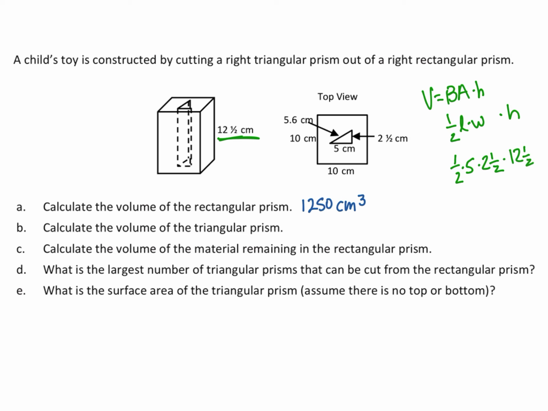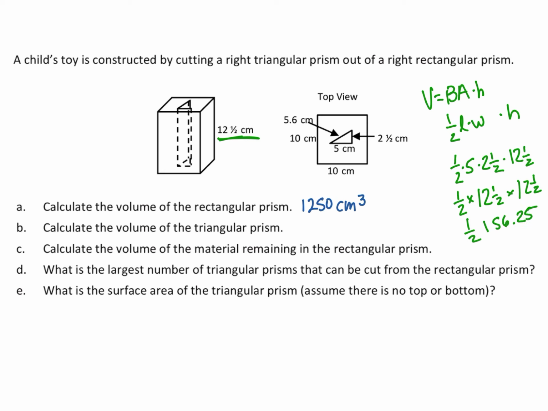All right, so we're going to do 1/2 times 5 times 2.5 times 12.5. 5 times 2.5 is 12.5. And 12.5 times 12.5 is 156.25, which is 1/4.